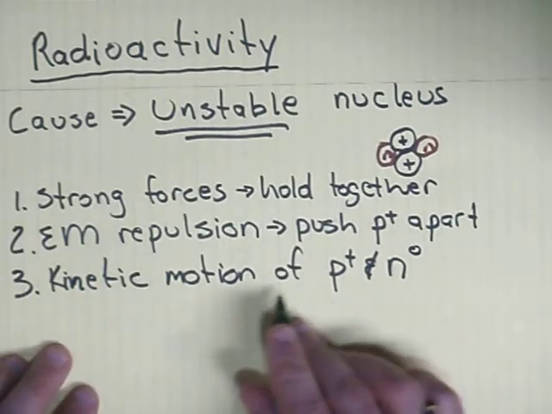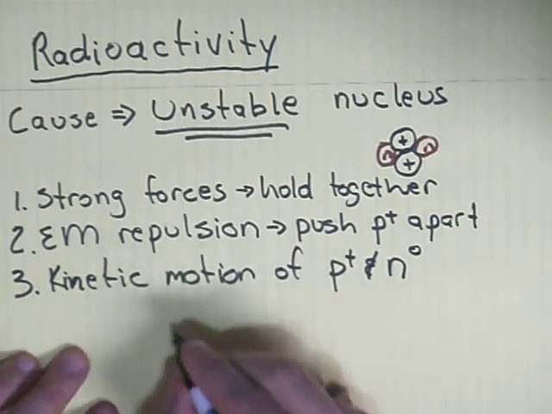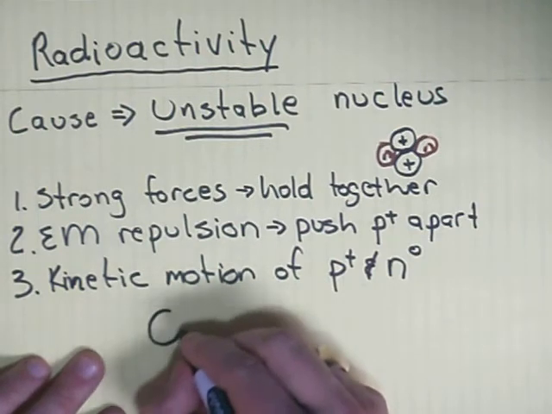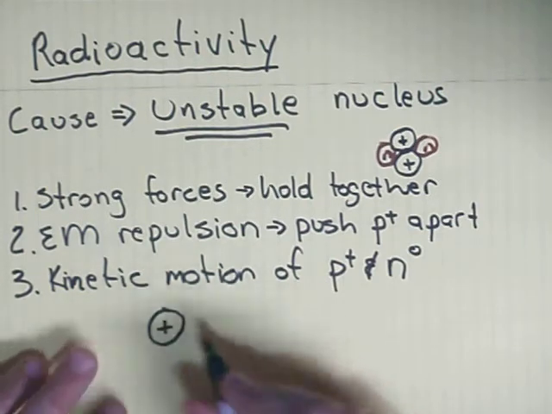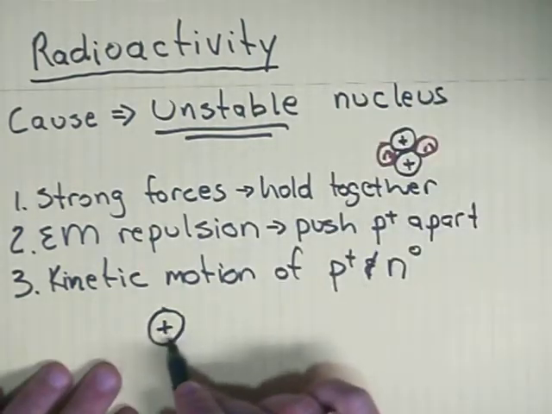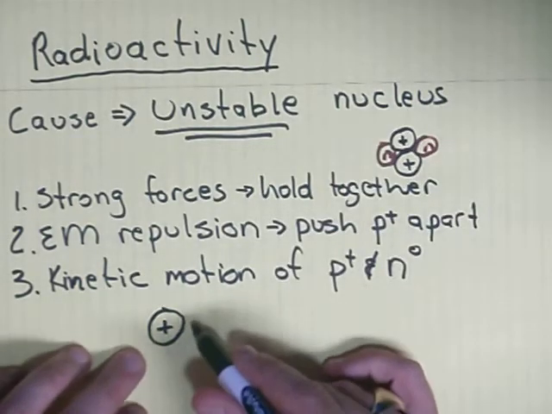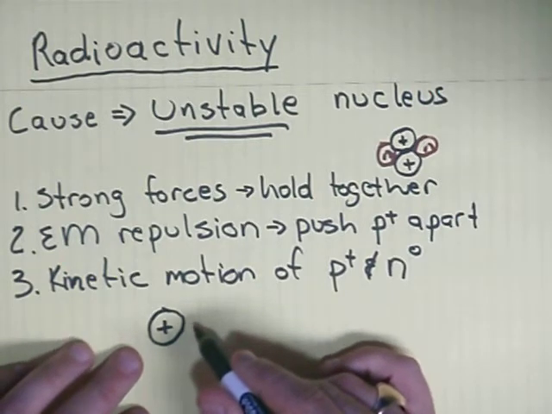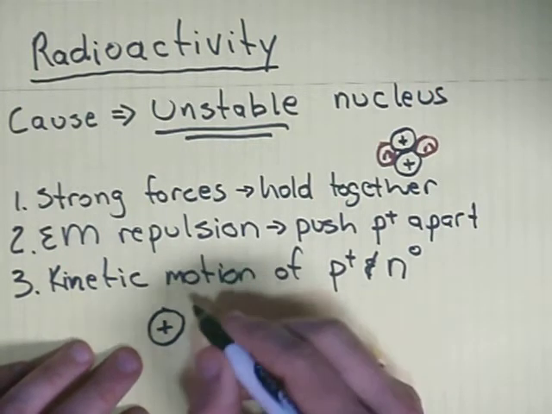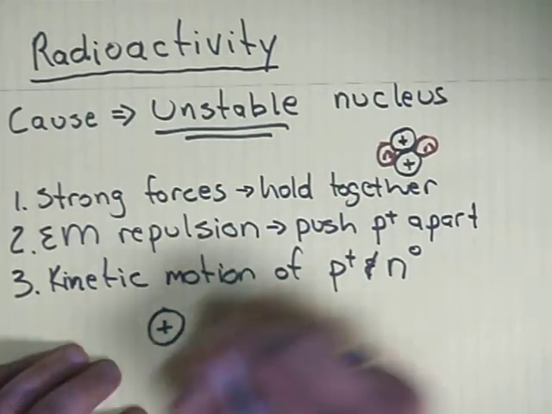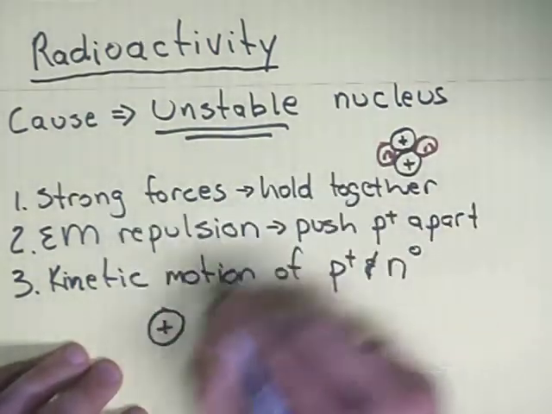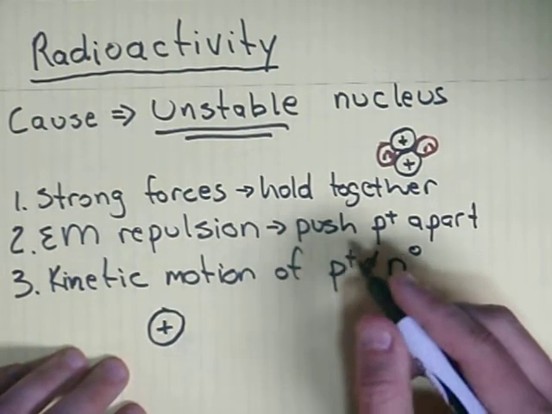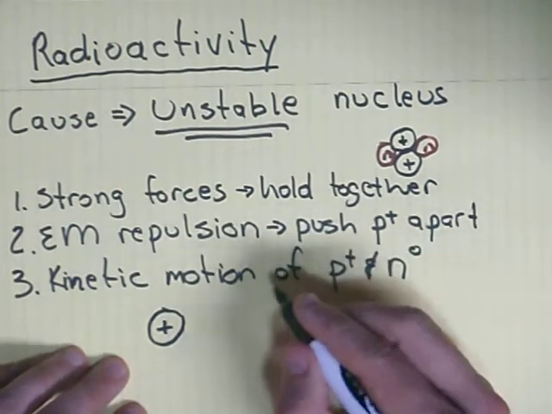And so when we talk about this kinetic motion, all we're talking about is, for any specific proton, just looking at just one. So we've got 2 of them here, but we're going to look at just one. That proton isn't sitting there stationary, not moving at all. That proton is moving all around, and how much it moves depends on the temperature.